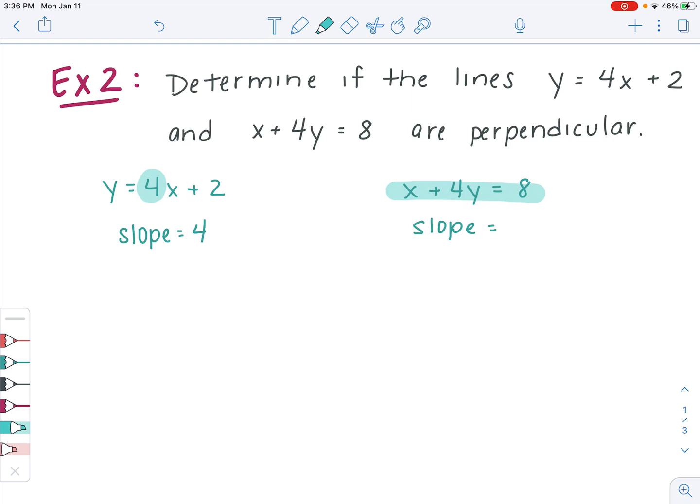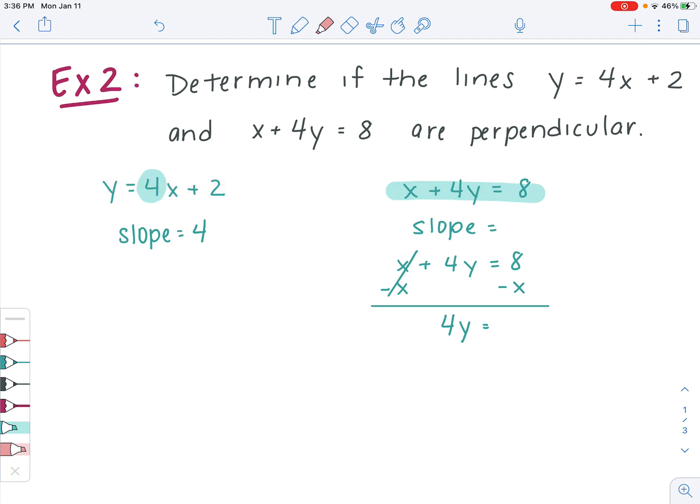So I'm going to take x plus 4y equals 8, and I need to get y all by itself. The first thing I'm going to do is move the x over, and we did this with parallel lines. It's no different. We just want to get the y all by itself so we can pick out the slope. So I take away the x's, bring down the 4y. I want my x to come first because I want it to look like my equation over here.